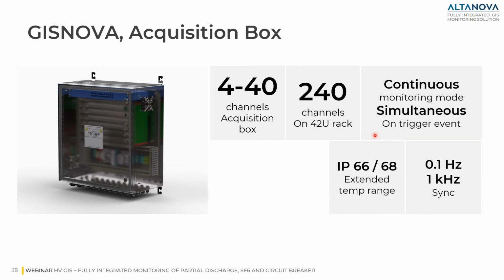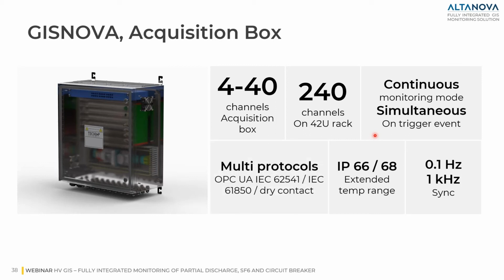We have the possibility to utilize IP66 or IP68 enclosures for outdoor application, and with an extended temperature range from minus 40, minus 45 up to plus 60 or 70.